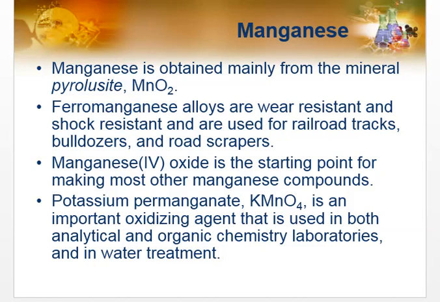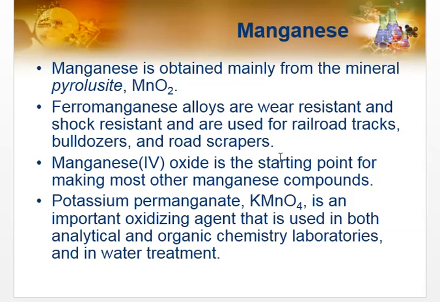Now we will go to the 7th B subgroup elements, and the first element of this group, manganese. Manganese is obtained mainly from the mineral pyrolusite. The formula of pyrolusite is manganese dioxide.